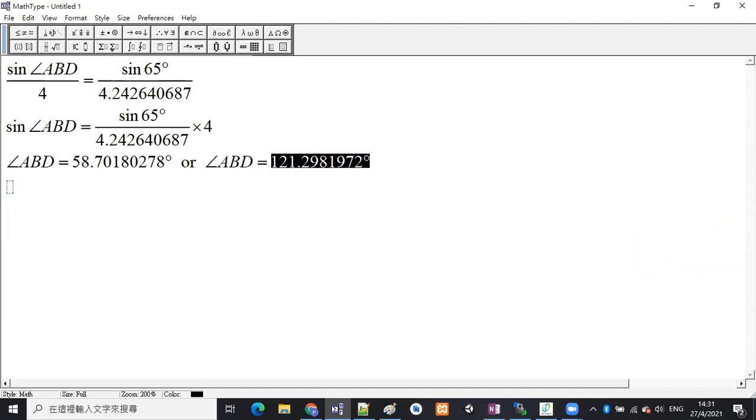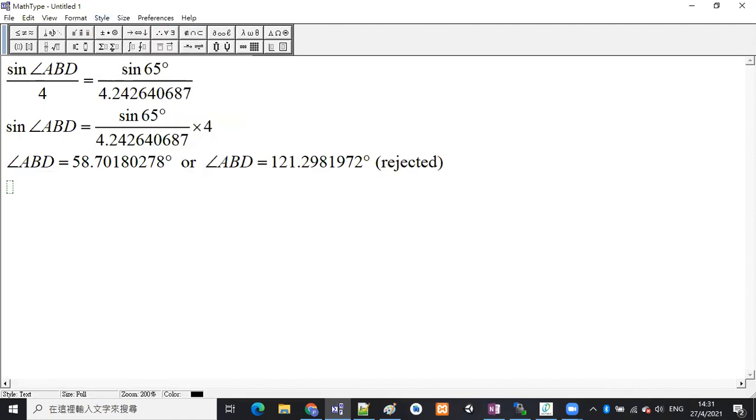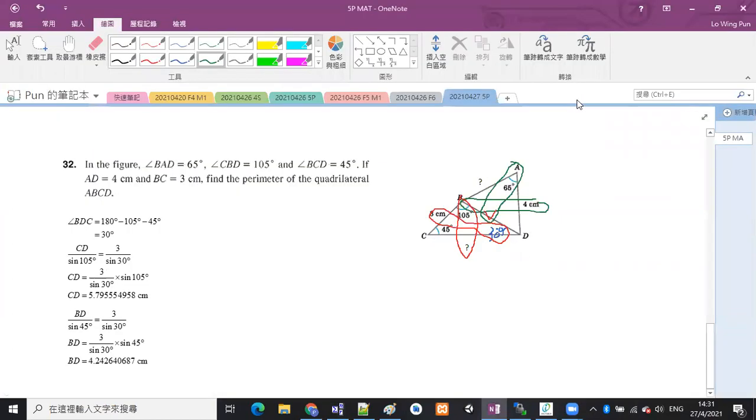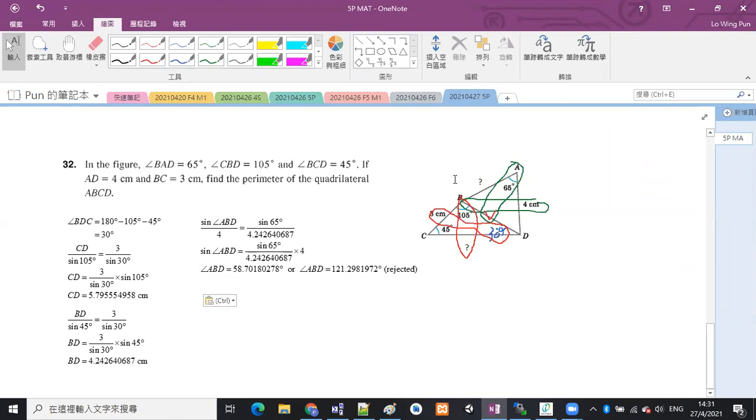This is 121 point something, and the given angle is 65 degrees. The sum of them is 186 point something, which is larger than 180 degrees. So this one should be rejected. Okay, so angle ABD has only one possibility, 58.70 something degrees. Which means this one is 58.7 something.